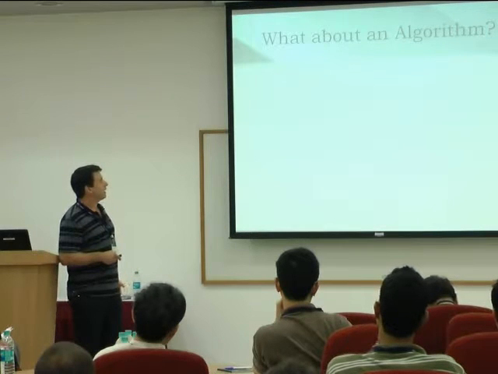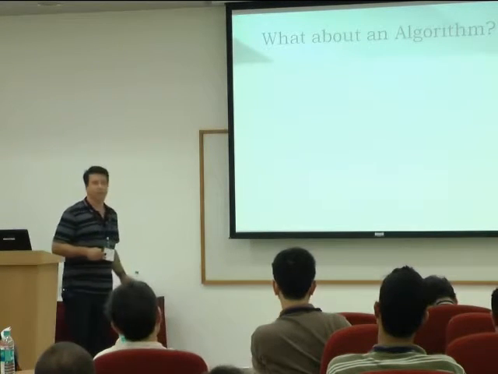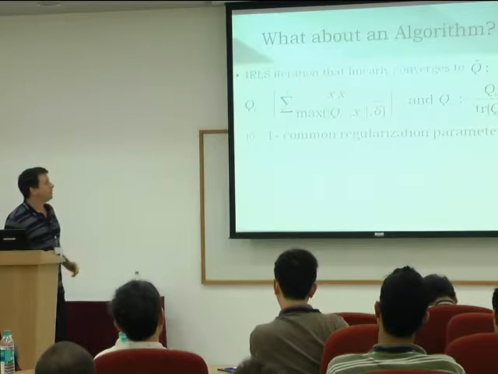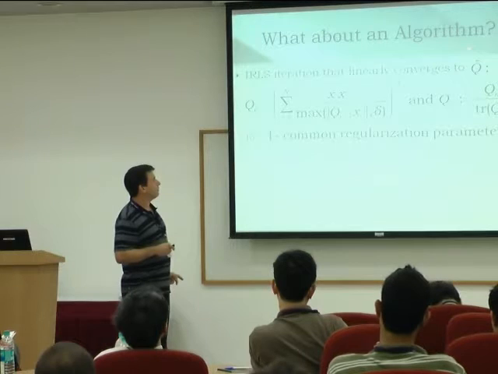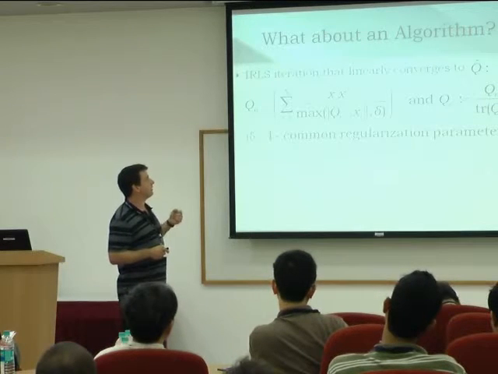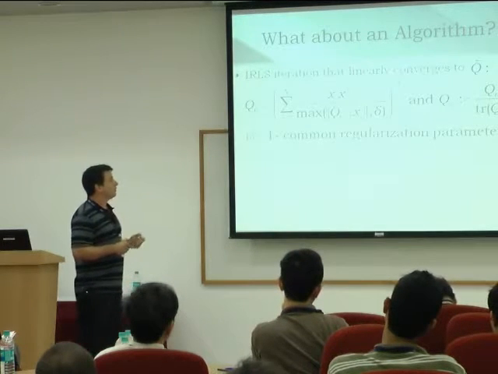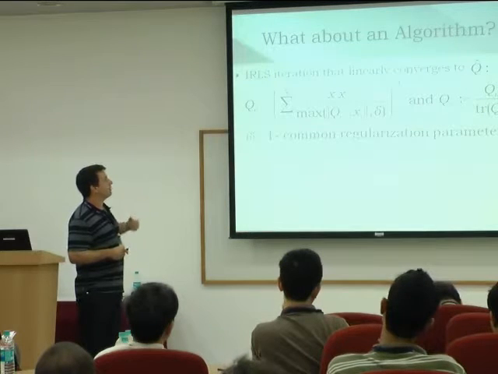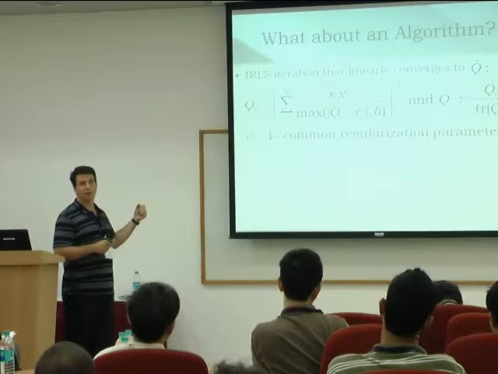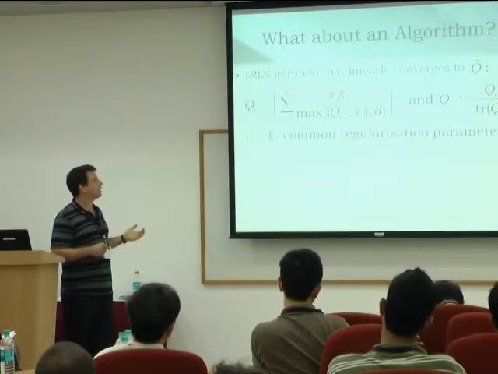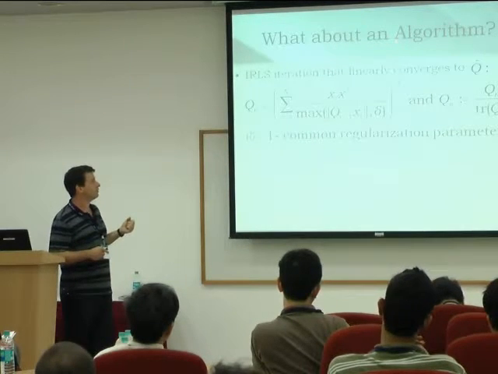What about a nice algorithm like PCA, a fast algorithm? It's not so hard to show, by differentiation, that you can have an IRLS solution, an iteratively reweighted least squares solution, to this minimization problem. It's an L1 minimization, and it's very natural to do it.